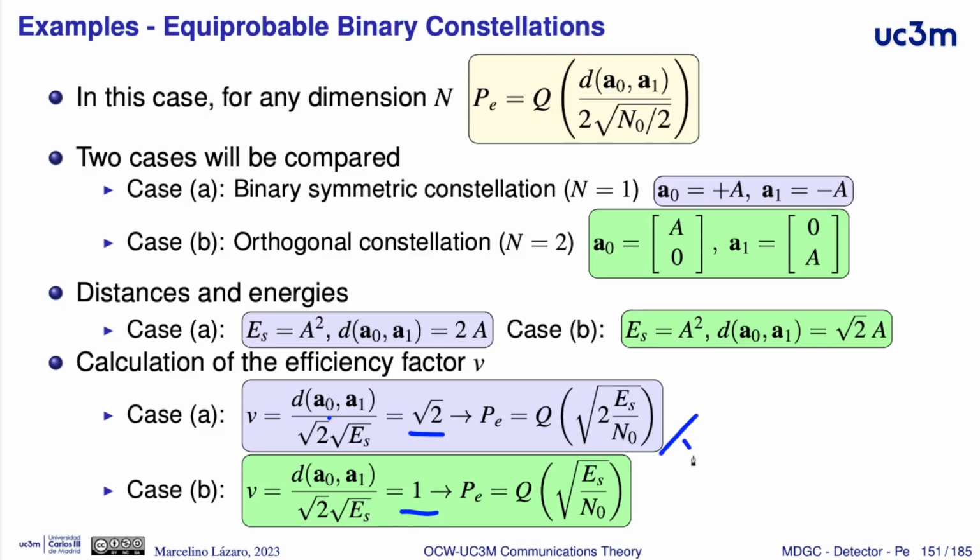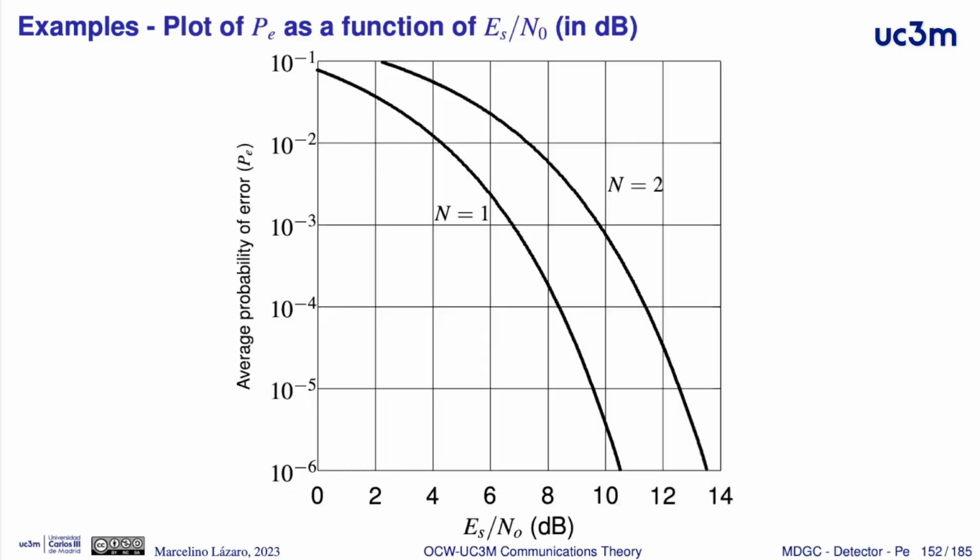So, in the first case, the probability of error is Q of square root of 2 times ES divided by N0, and in the second case, the probability of error is just equal to Q evaluated at the square root of ES divided by N0. And now it is possible to plot the probability of error for these two constellations as a function of the ratio between ES and N0.